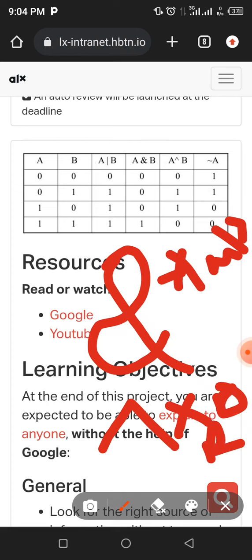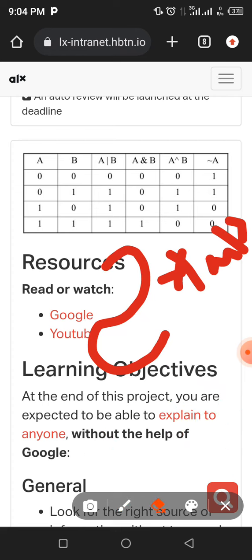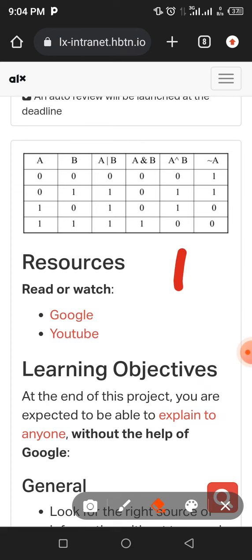So they are opposite. So if we have something like 1 in the AND gate, it is going to be the opposite, which is going to be 0. So you get that. So take note of that.